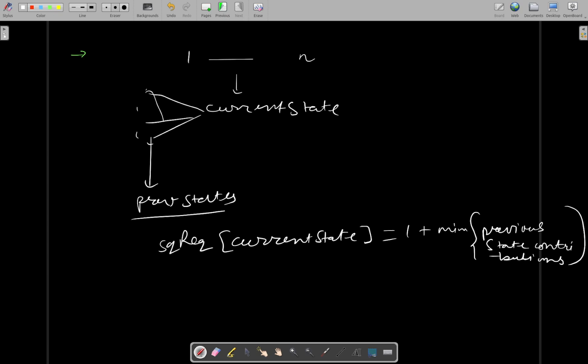Okay, so looks like we are having a state transition equation here.